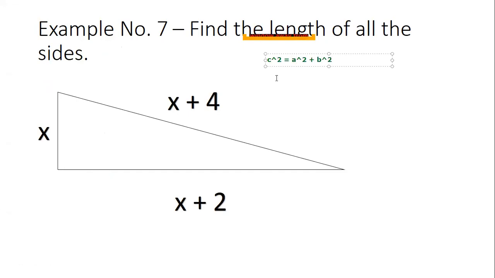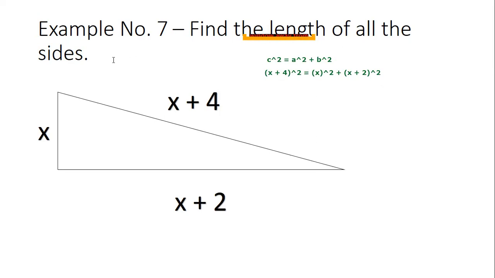Of course, we replace c squared by x plus 4 raised to the second power, which is equal to x squared plus the other leg, x plus 2 squared. In order for us to find the value of x, we need to expand this using our knowledge of special products.